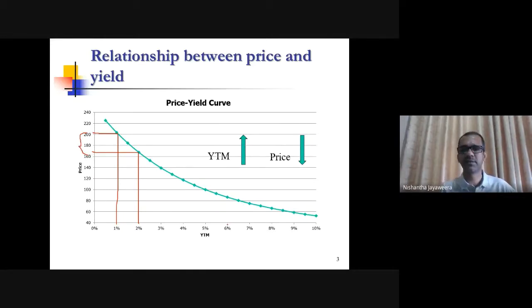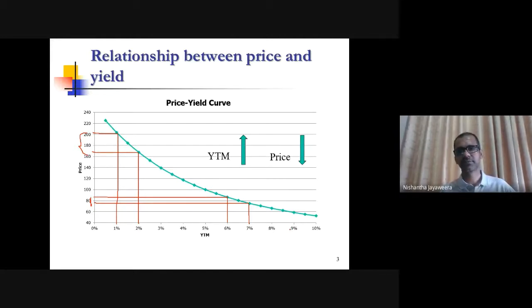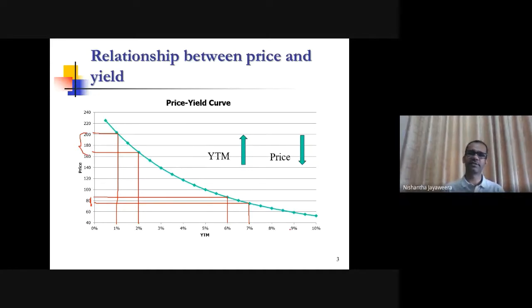But at higher yield to maturities, the price change is small. So this sensitivity is measured through duration. So that's how we use duration as a measure of interest rate sensitivity.